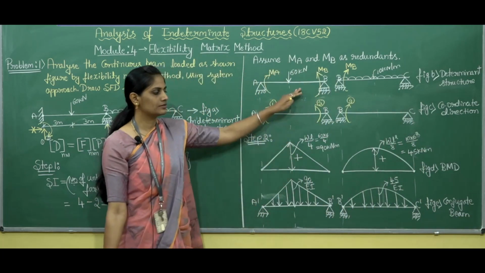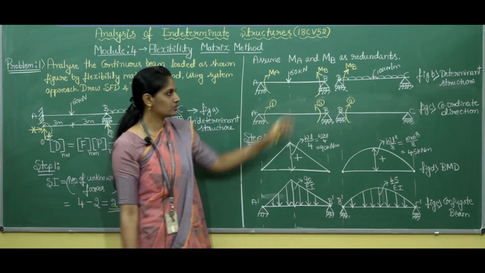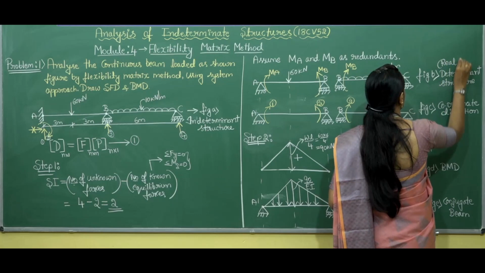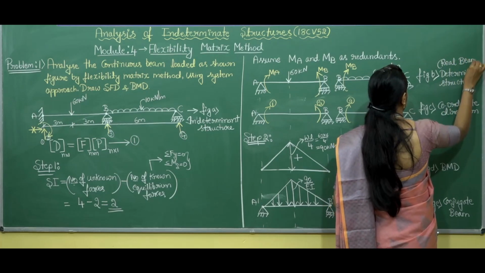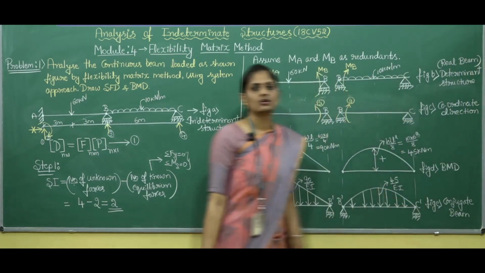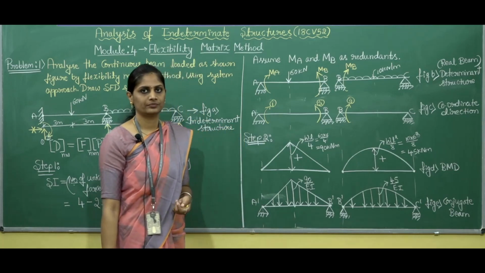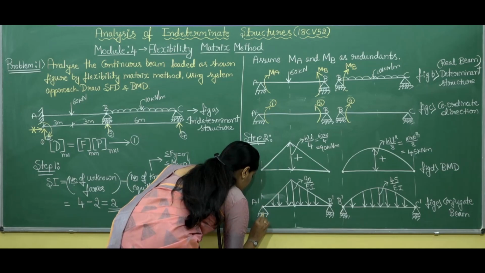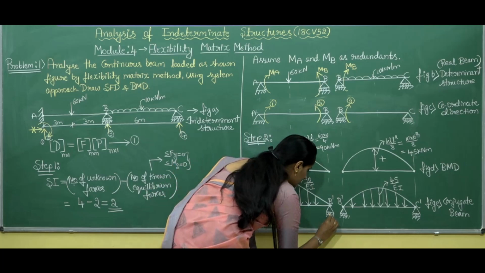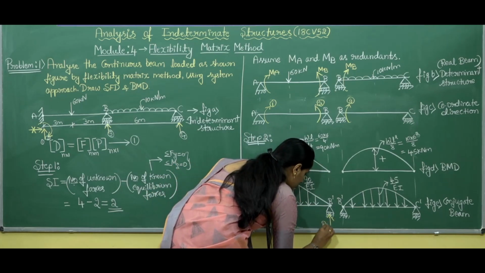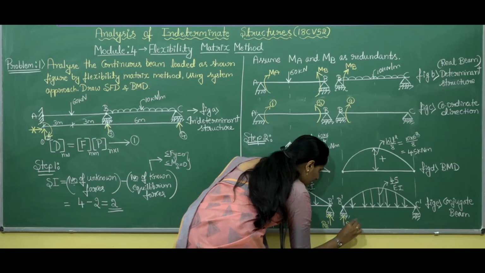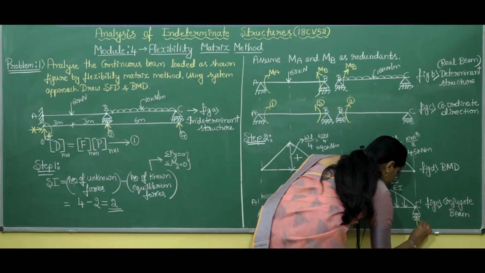Clear? So, this is the real beam, the determinate structure, and this is the conjugate beam. Now at supports we'll get the reactions like this: RA dash, RB dash and RC dash.